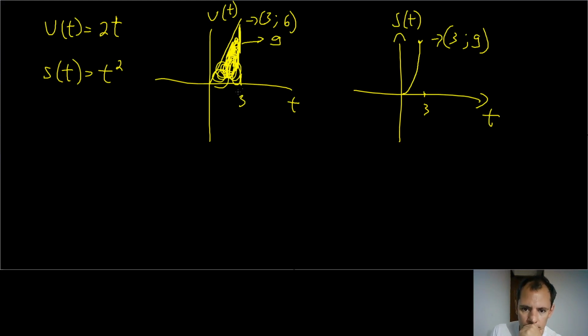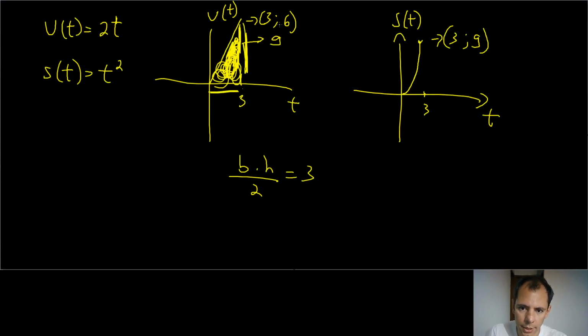All right. Now you guys can see that this is a triangle. The area of a triangle is going to be the base times the height divided by 2. What's the base in here? It's 3, times the height.